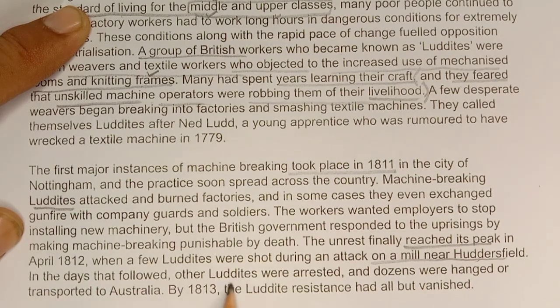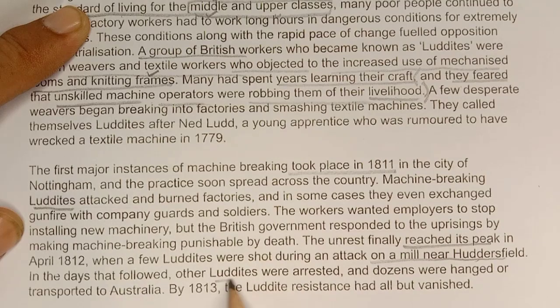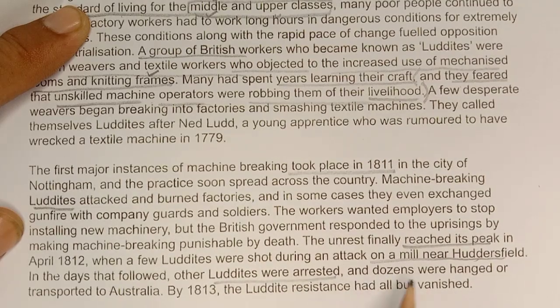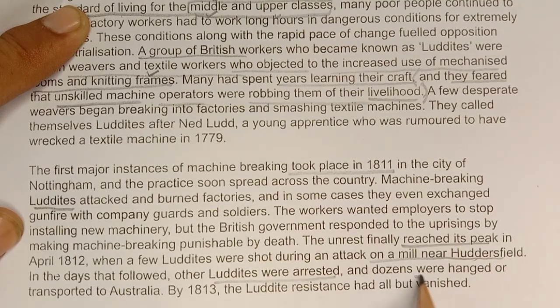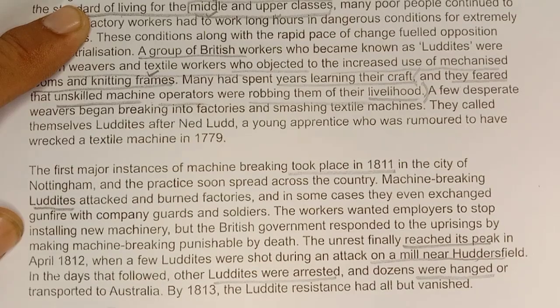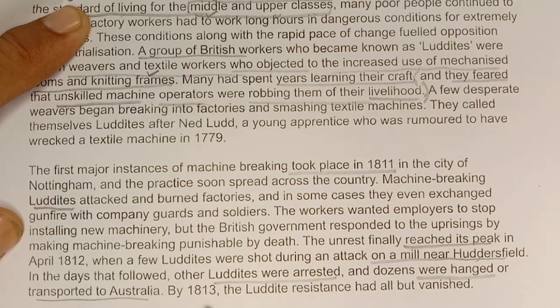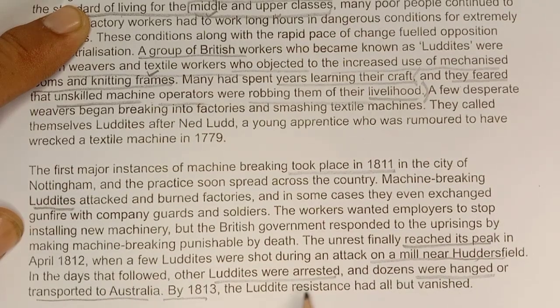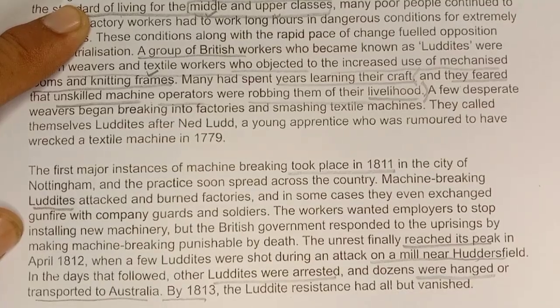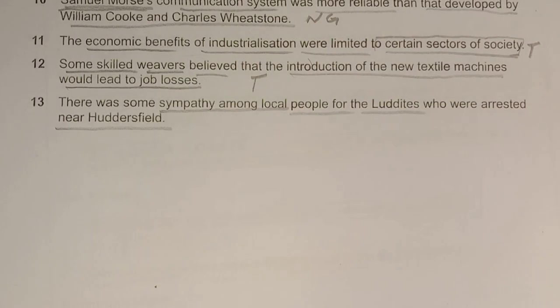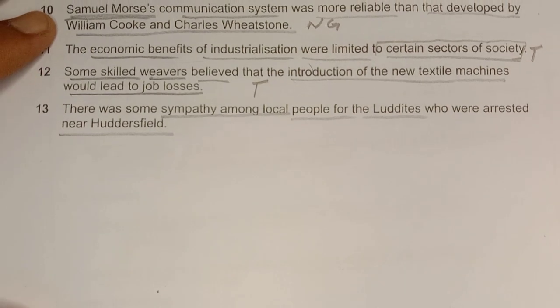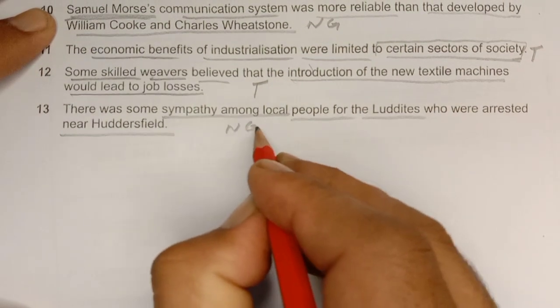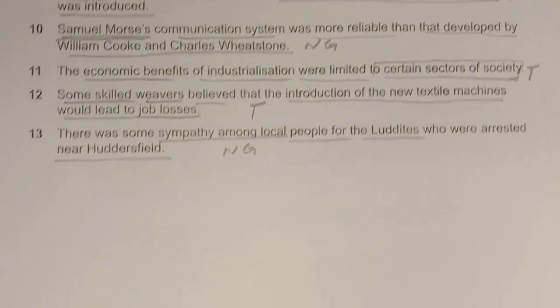In the days that followed, other Luddites were arrested, and dozens were hanged or transported to Australia. By 1813, the Luddites' resistance had all but vanished. Now you can see it was not mentioned that the local people had sympathy with them. So when the information is not mentioned, it is not given.